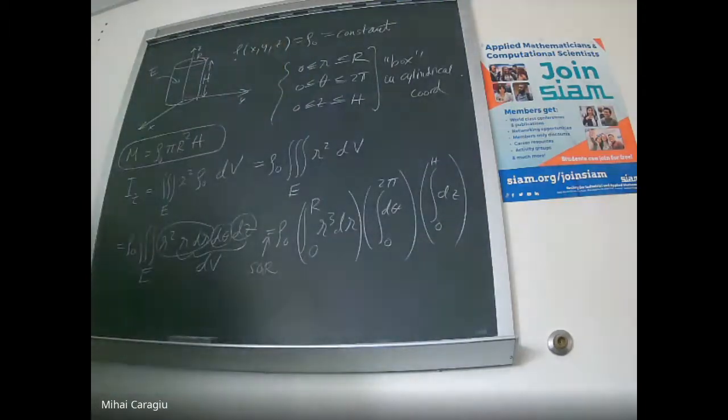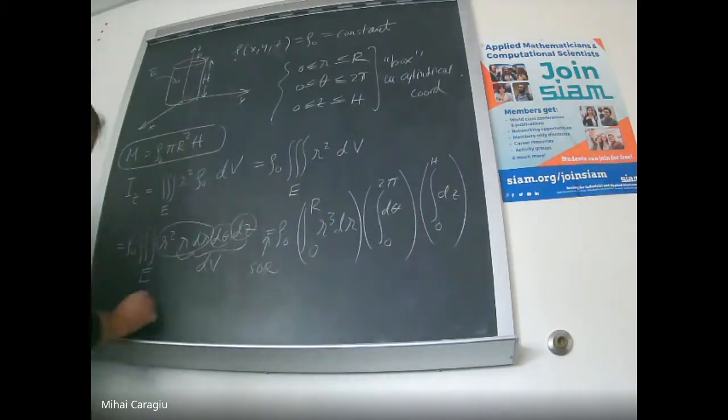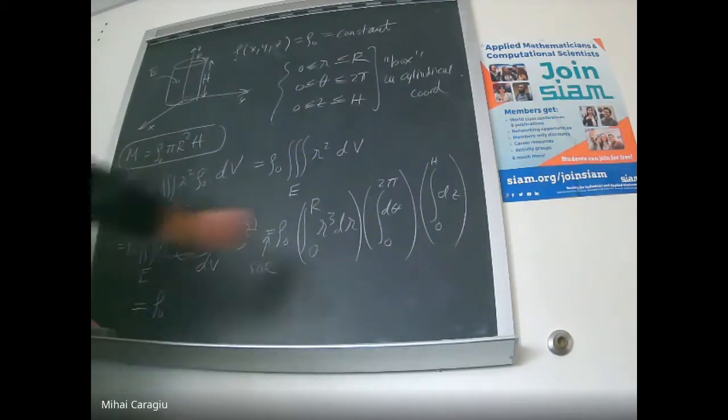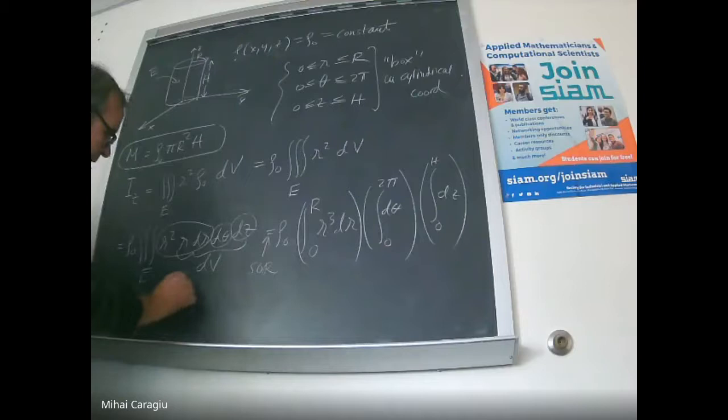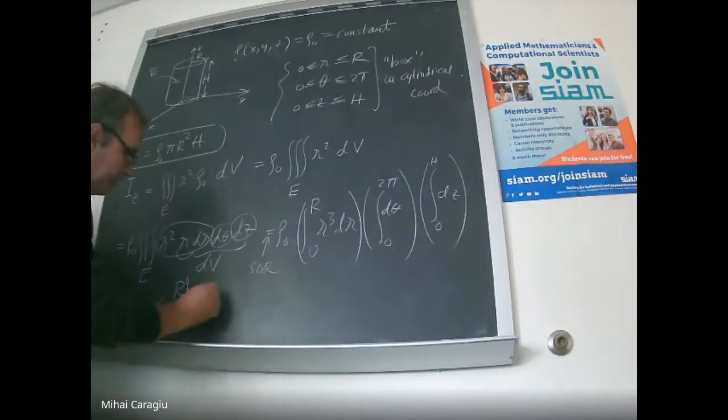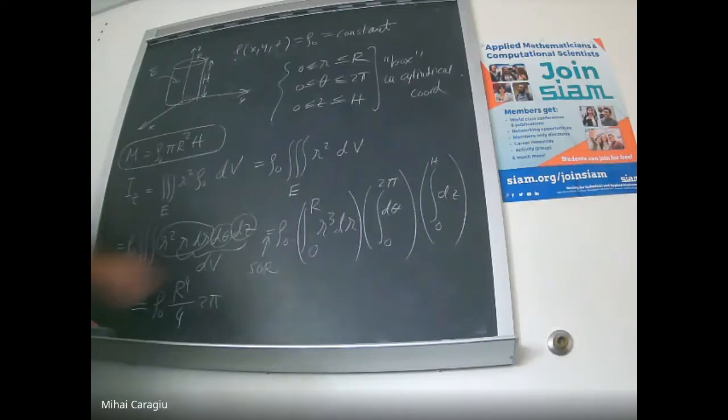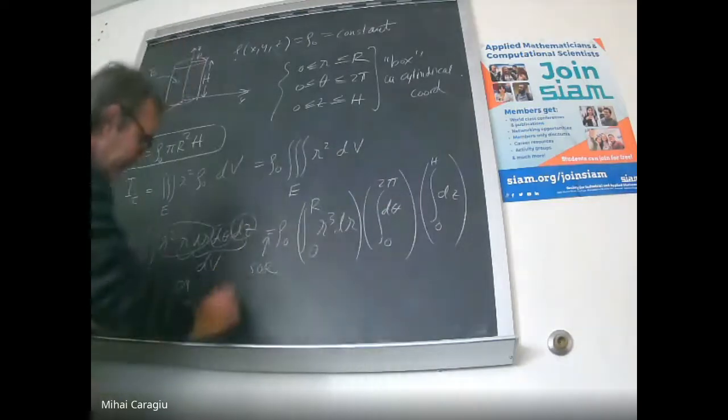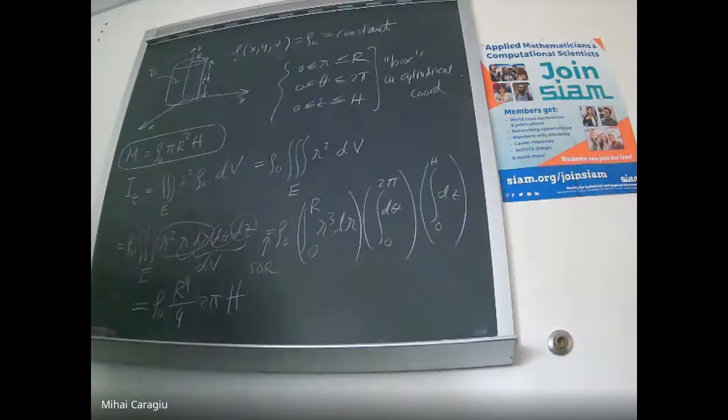Okay, so I sub z turns out to be rho 0 times R to the power 4 over 4, times 2 pi, the theta integral, times H, the third integral.